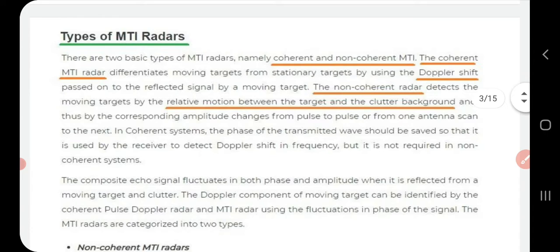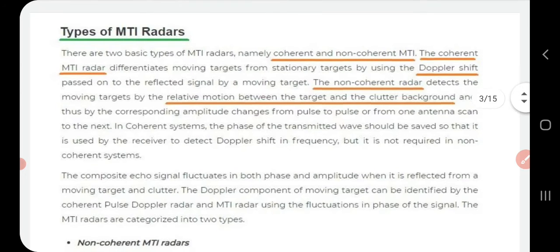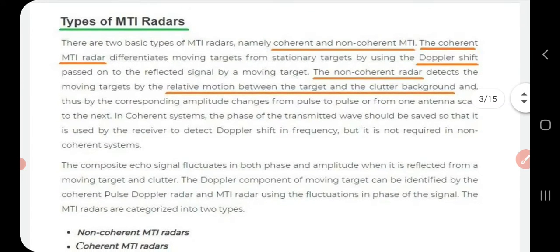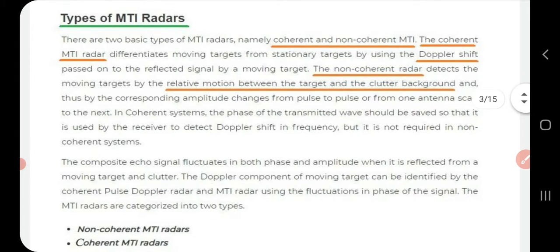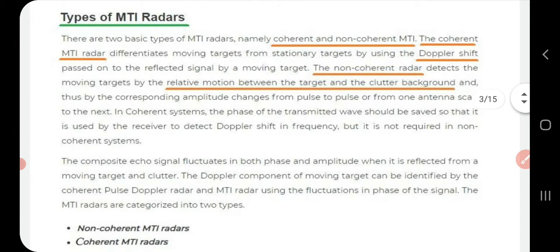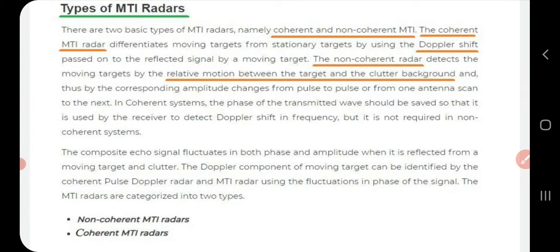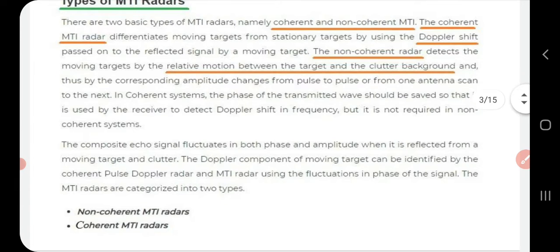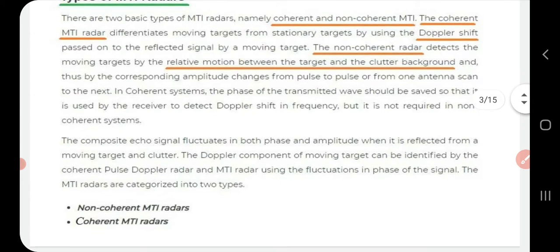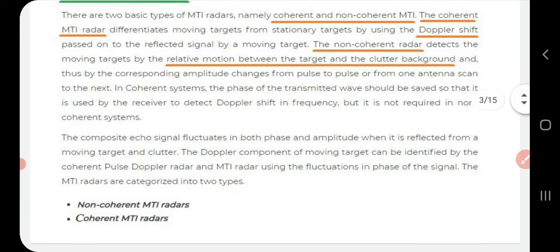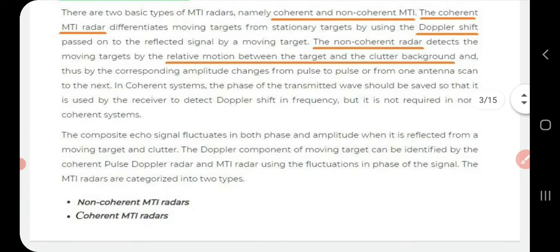Now let us discuss the types of MTI radar. There are two broad classifications, coherent and non-coherent. Coherent radar differentiates between a moving target and a stationary target using the principle of Doppler shift. Whereas non-coherent radar detects a moving target by means of the relative motion between the target and the stationary object or clutter background, according to the corresponding amplitude changes from pulse to pulse or from one antenna scan to the next.